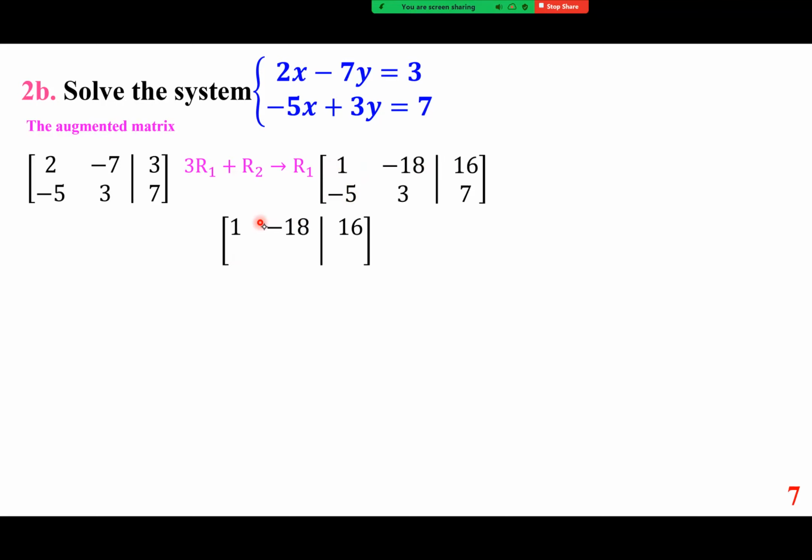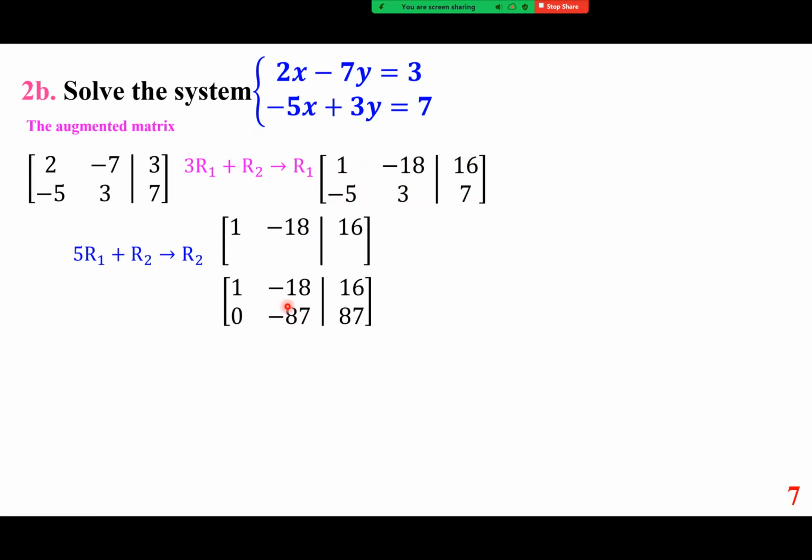So I'm going to write 5R1 plus R2 is the new R2, goes to R2. So 5 times 1 and negative 5 gives me 0 here. 5 times negative 18 plus 3 gives me minus 87 here. And 5 times 16 plus 7 gives me positive 87. So I was looking for 0, I found it.